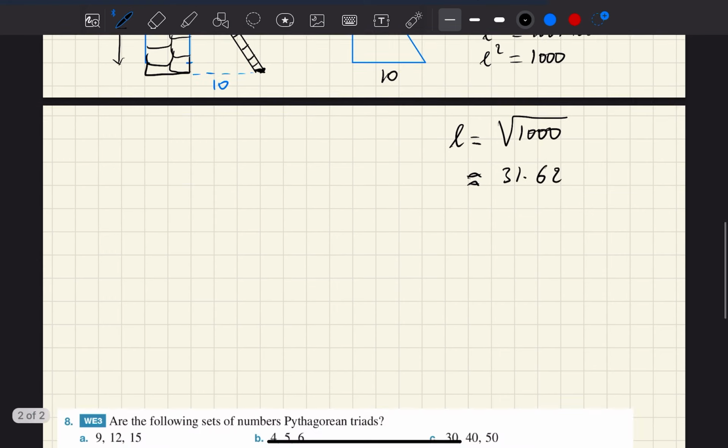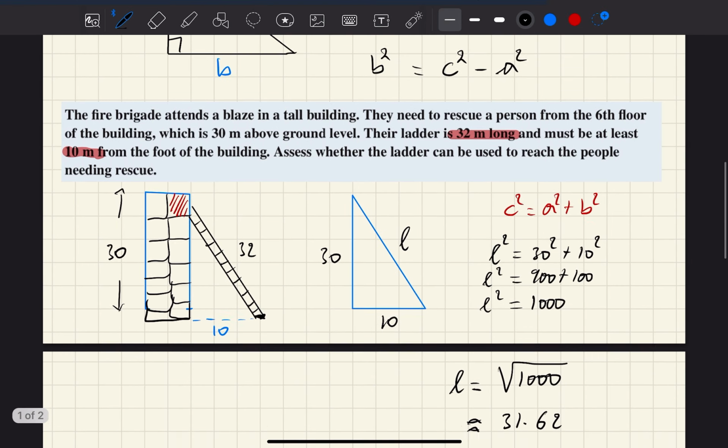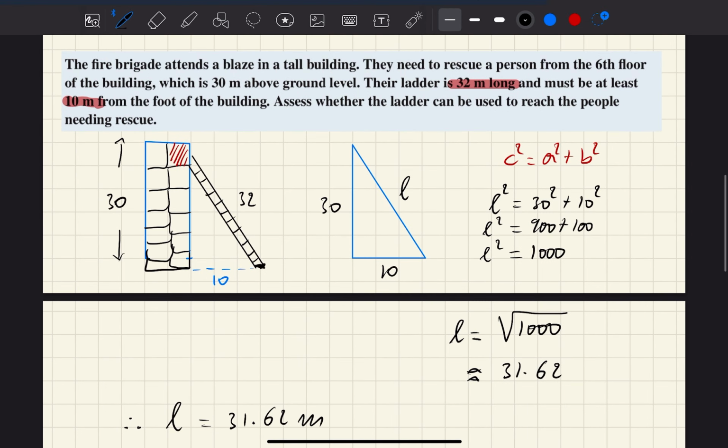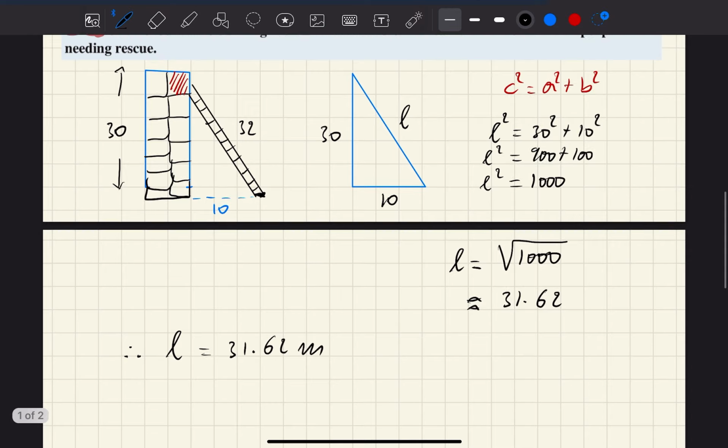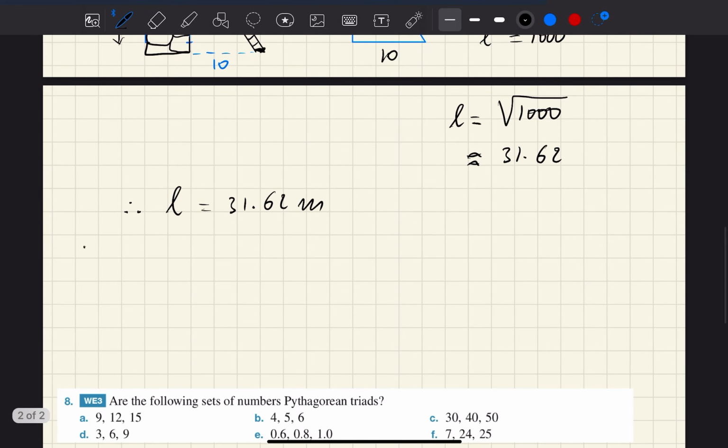So therefore, the length that's needed is 31.62 meters. But this is not the question. The question asks us to assess whether the ladder can be used to reach the people. So now we can make a second statement.